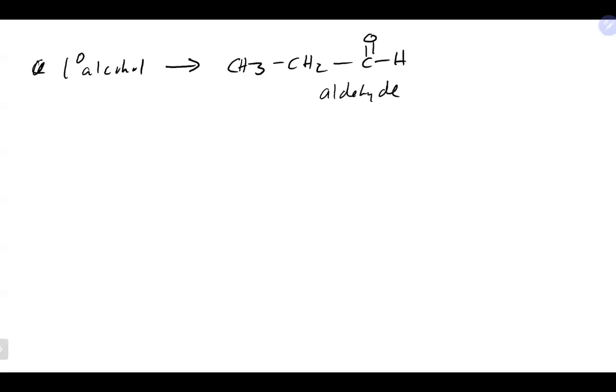We saw with our primary alcohol that you could obviously oxidize it to an aldehyde. And I'll just make an aldehyde here. And we saw with our secondary alcohol, you can oxidize it to a ketone.